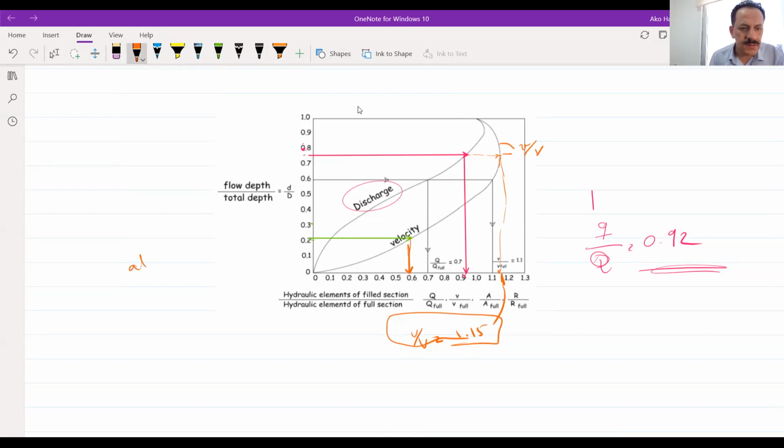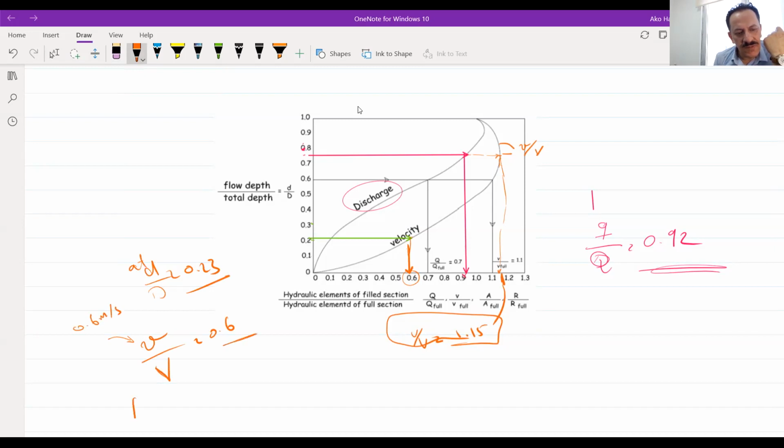So at d over D equal to 0.23, what will be the small v over capital V? It will be about how much? 0.6. Okay. Now, I have assumed that the self-cleaning velocity will be 0.6 meters per second.